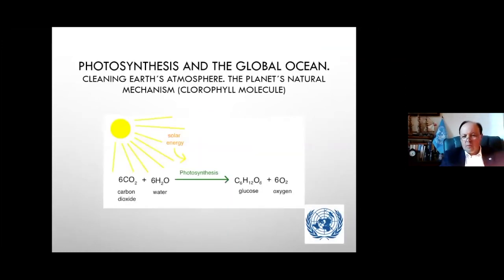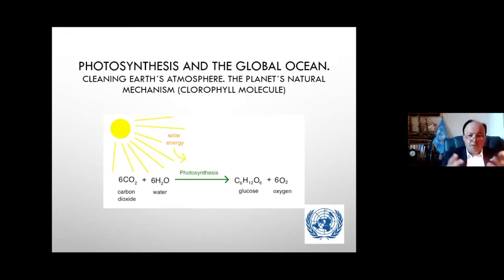But there is another important thing here for the interaction, and it's photosynthesis. The reason is this: when the atmosphere and the oceans get in contact, carbon emissions in the atmosphere have a huge capacity to dissolve into the waters, into the oceans, very quickly.